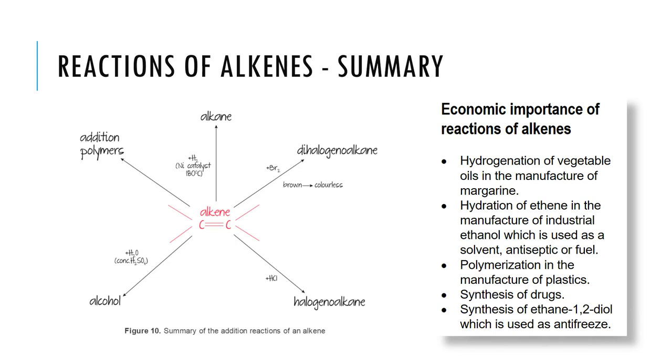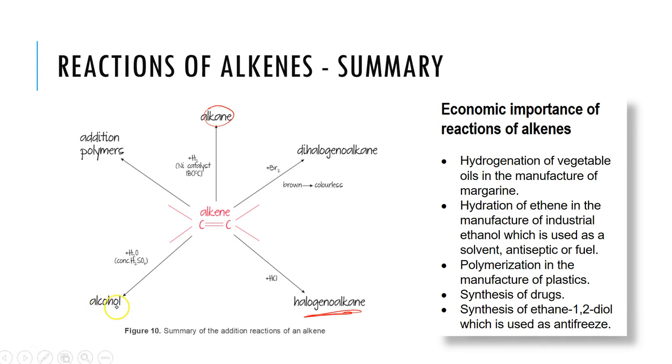So we've talked about the fact that alkenes can undergo combustion reactions, that they can be hydrogenated to turn into the corresponding saturated alkane using a metal catalyst, that we can add a halogen across the double bond, forming a dihalogenoalkane if we're using Br2, Cl2 or I2. We can form a single substituted halogenoalkane if we use HCl or HBr or HF.